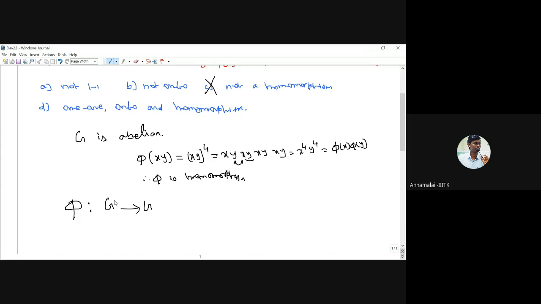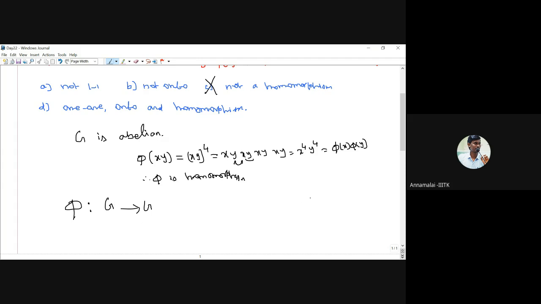Therefore if you prove the function is 1 to 1, it is automatically onto, or if you prove the function is onto, it is automatically 1 to 1. So the domain and codomain are the same finite set.